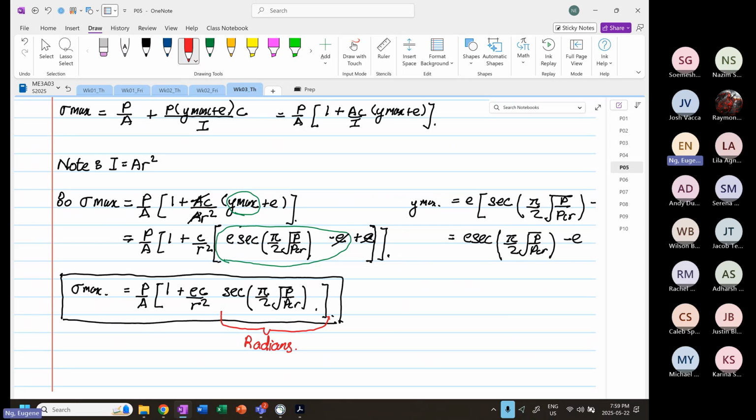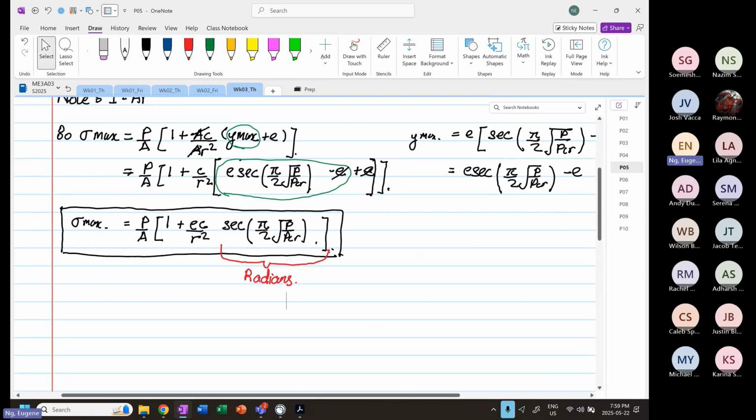Now, sometimes you can see the stress max in a slightly different form, and I will just derive it out for you. I will not encourage you to use it. Okay, I'm just going to derive it for you, but I'm not a fan of it.